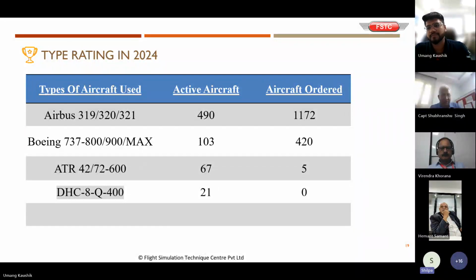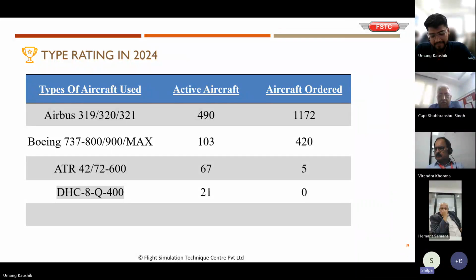Okay. So actually, it is due to the age cap that every airline has come up with. I am 32 plus. So if we look at the trends, Vistara, they have 30 years age cap on the hiring of Airbus trainees. If we talk about Air India, it is 30.